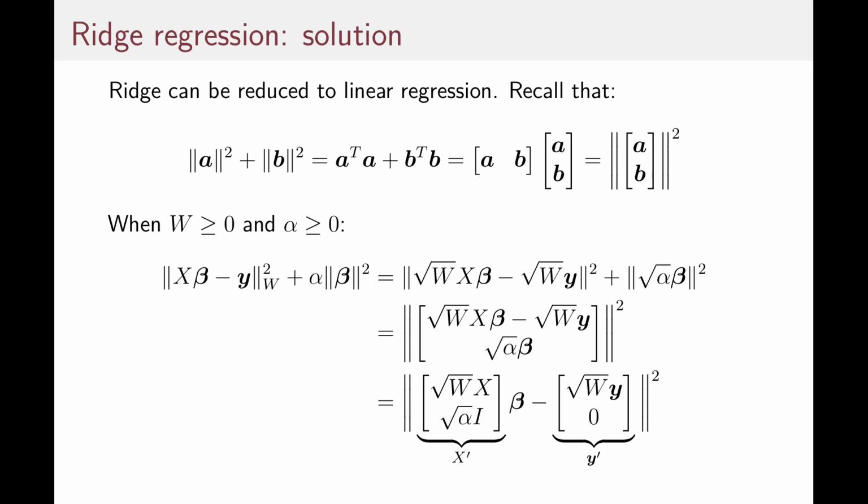And this is a way to solve the problem. You take the ridge problem and reduce it to a general linear least squares problem that we already know how to solve, because that's what ordinary linear regression solves. And you can use whatever algorithm you use to solve that problem to solve this problem.